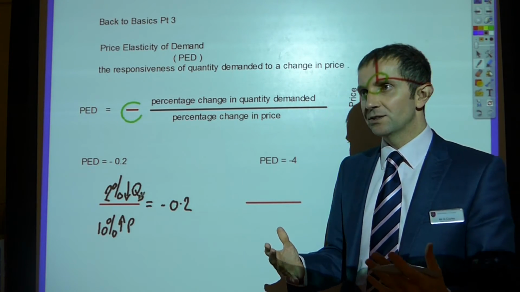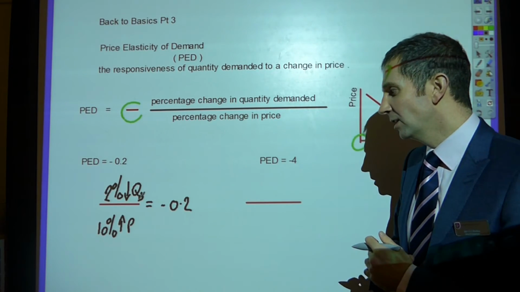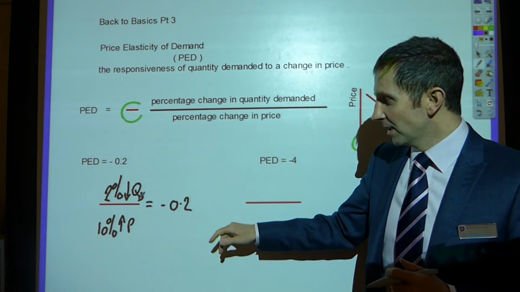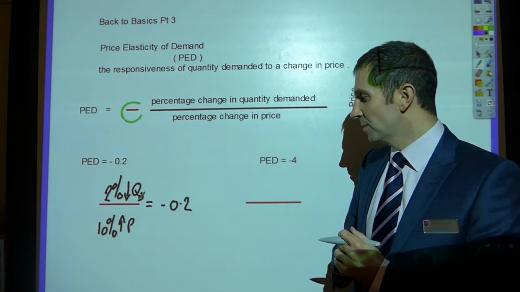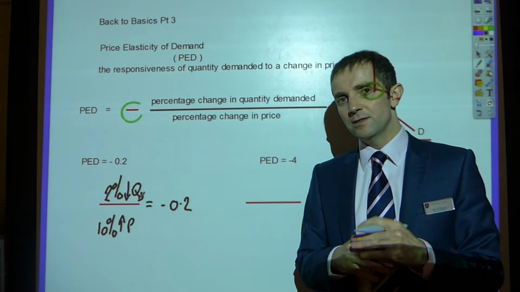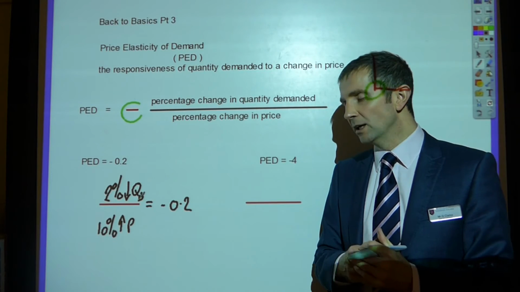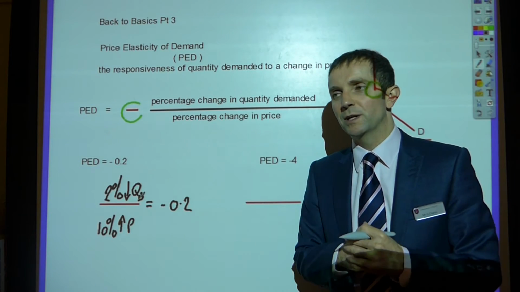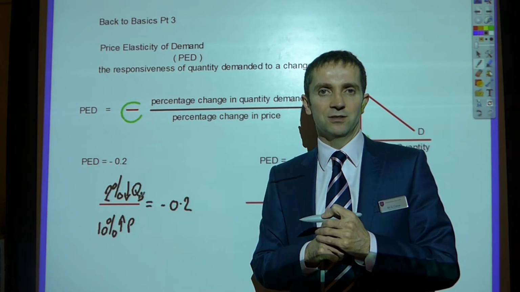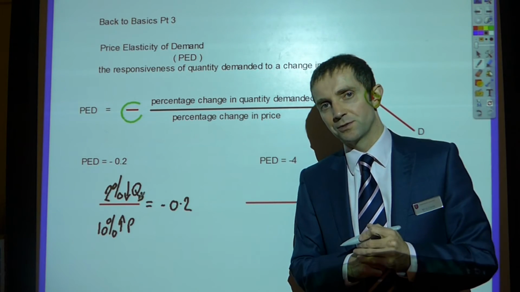And so this indicates to me that if I want to increase, for example, total revenue, and I knew that the price elasticity of demand for my product was minus 0.2, then the correct course of action for me would be to increase the price, because I know that quantity demanded is not very sensitive to a change in price.